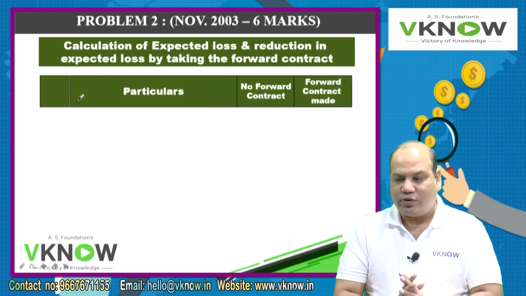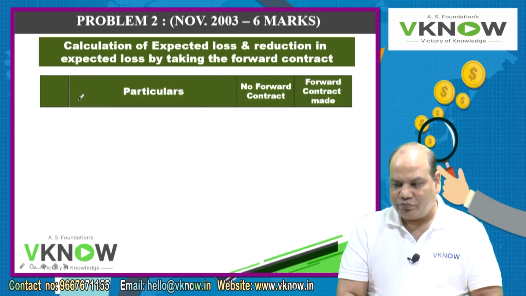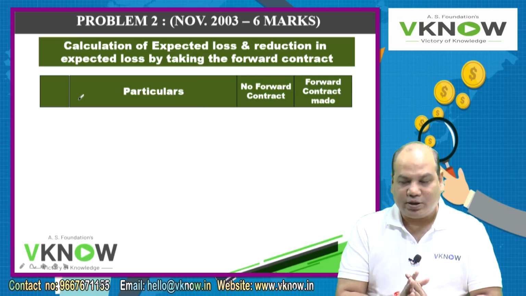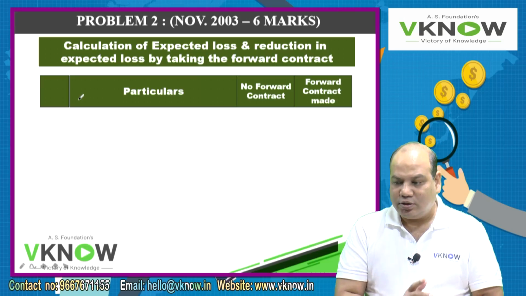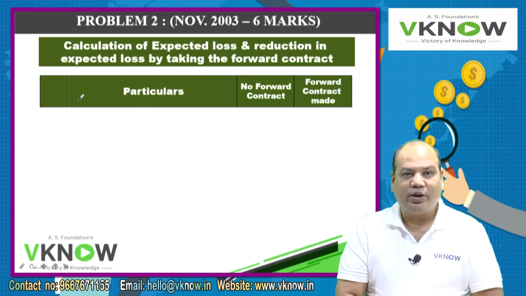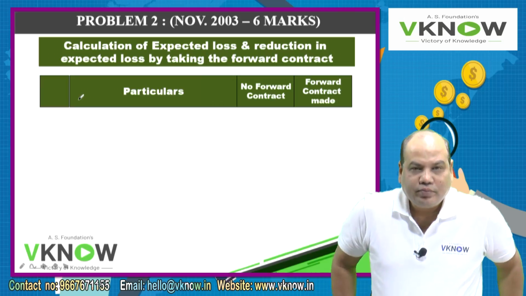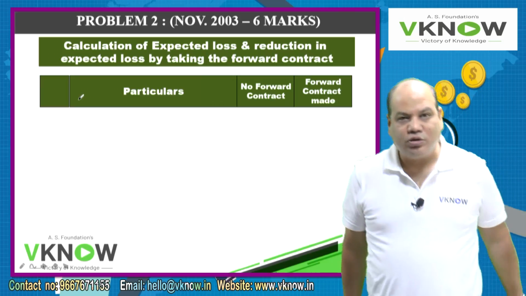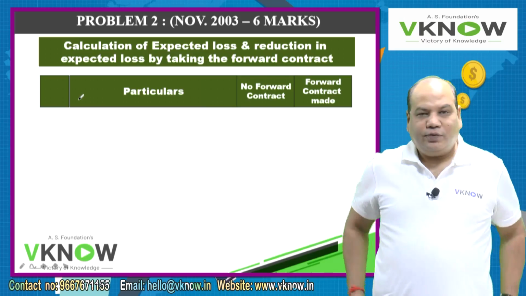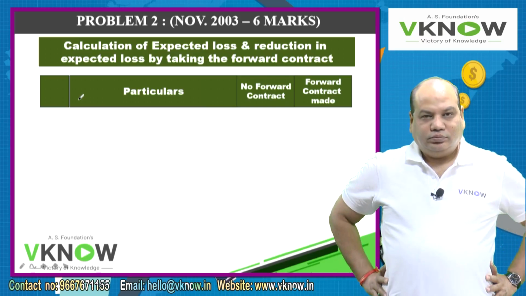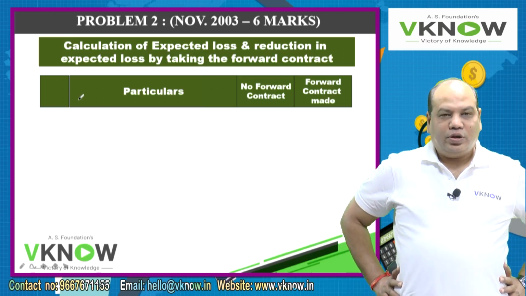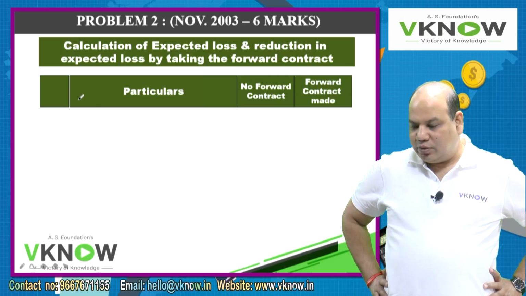Before you start the answer, write the heading of the table. If you are preparing in a tabular format, calculation of expected loss. 2 questions in the same table. First is we'll calculate the expected loss, and second, reduction in expected loss by taking the forward contract.